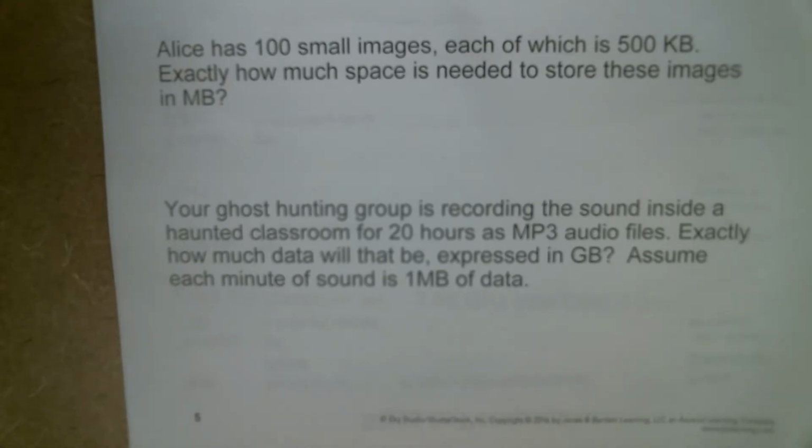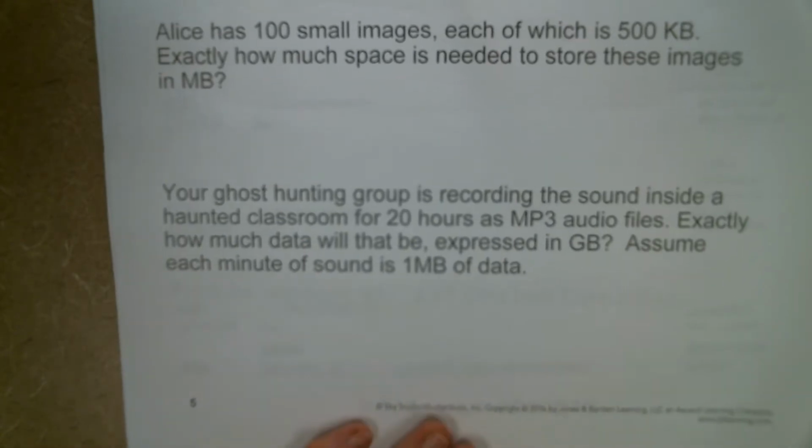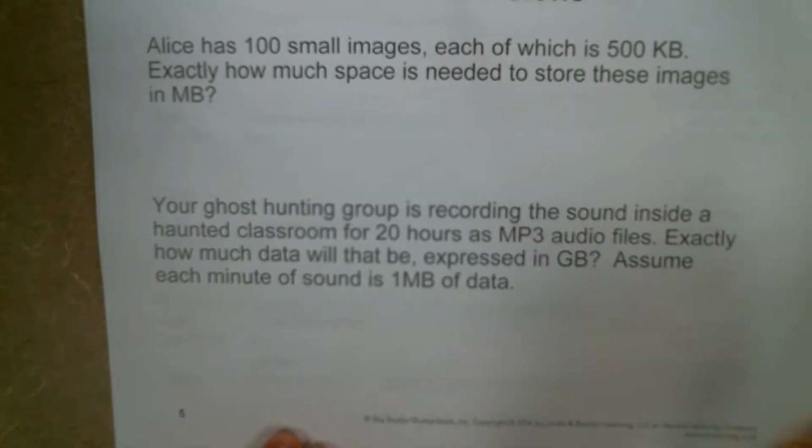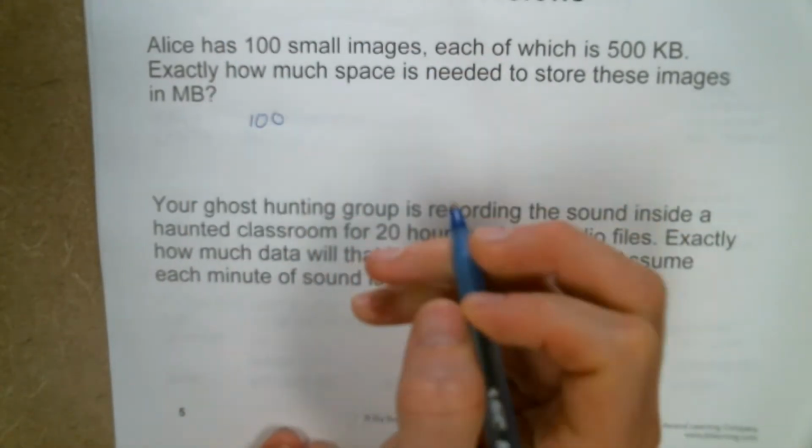So let's do one more of these. Actually, we'll do 2 more of these just to make sure that we're good on them. Alice has 100 small images, each of which is 500 kilobytes. Exactly how much space is needed to store these images in megabytes? Again, I have 100 images.